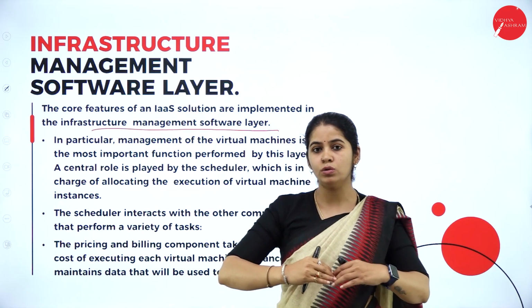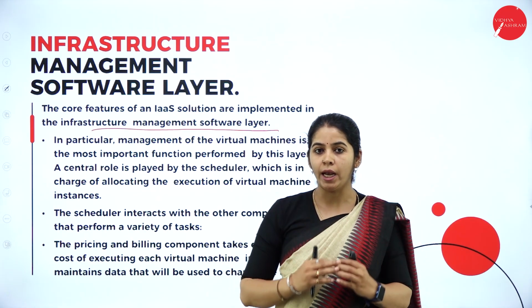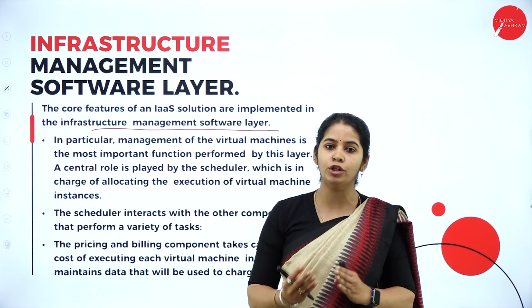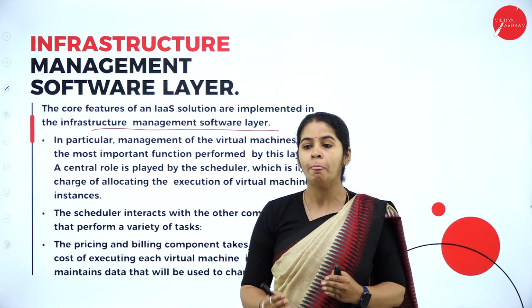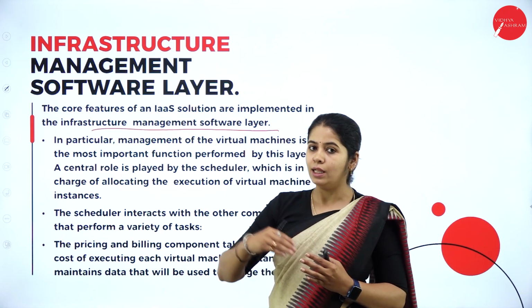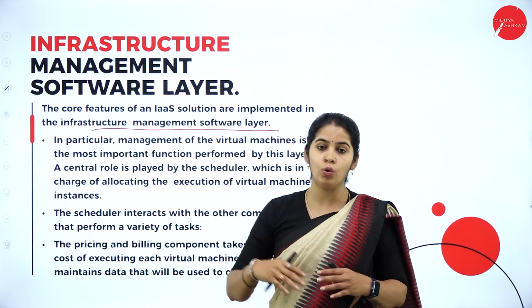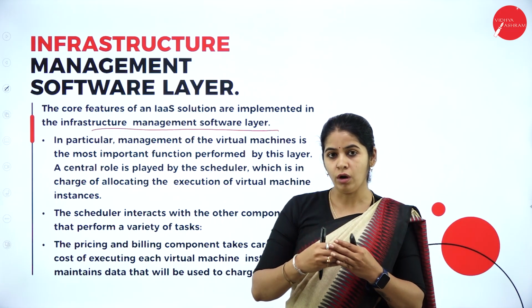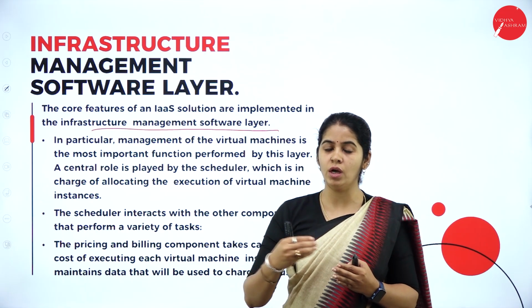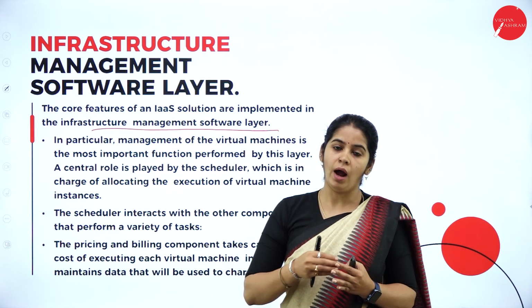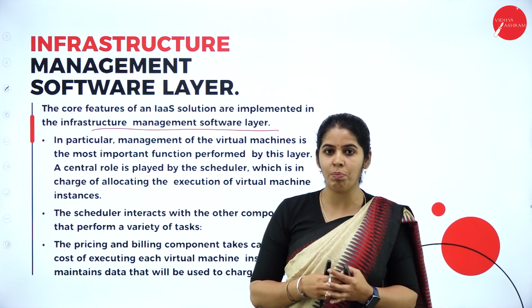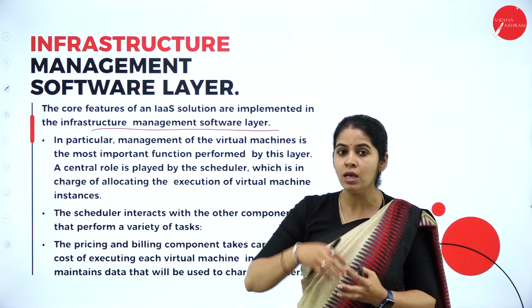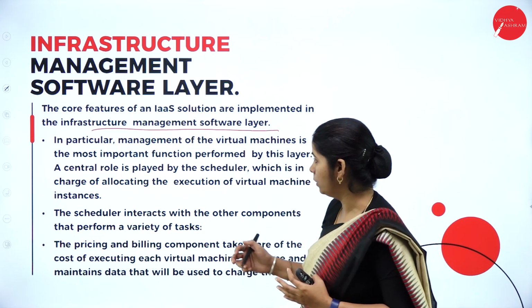We have resources, and we have to manage those resources in an effective and efficient manner. Who is going to do that? The software management layer. It will manage all the resources: for which particular user, how much is requested, and what resources have to be provided. Everything is managed by the software management layer.